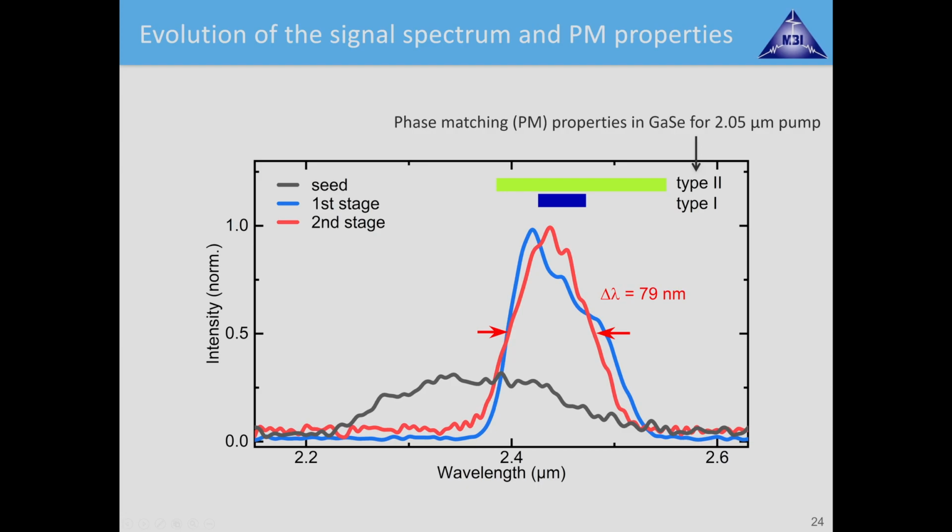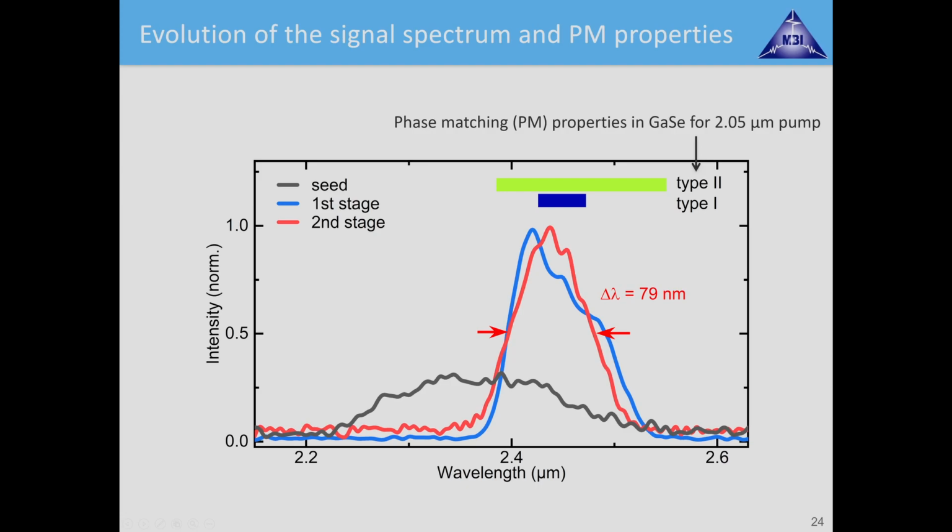Okay, so let's start with the signal. On the bottom here, you see the seed spectrum we have in the experiment from the chrome zinc sulfide laser. When we amplify this spectrum, we lose half of the spectrum just because of phase matching properties.